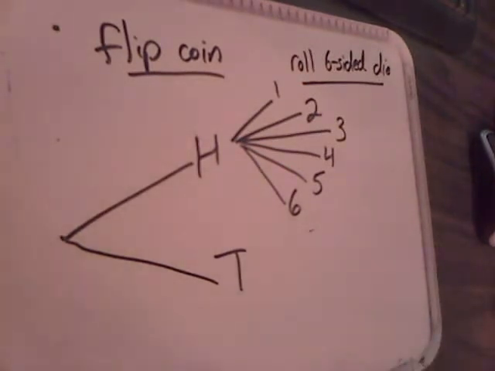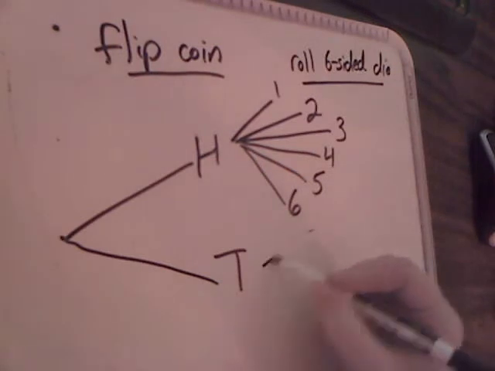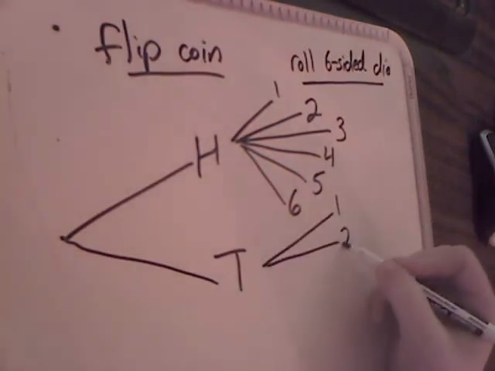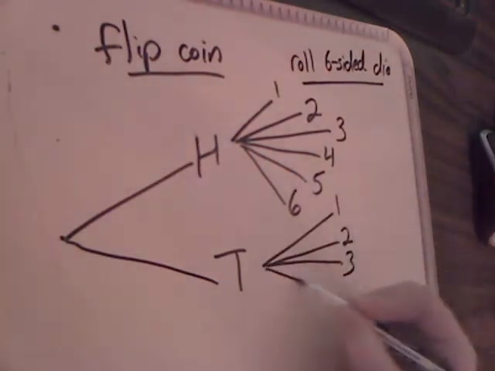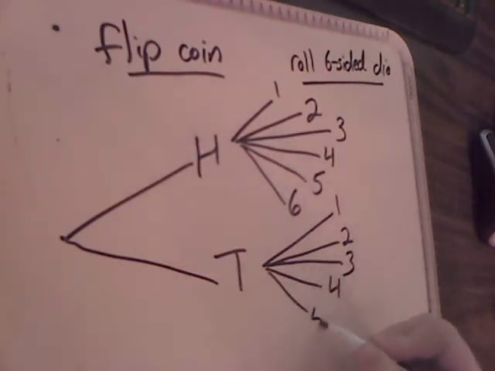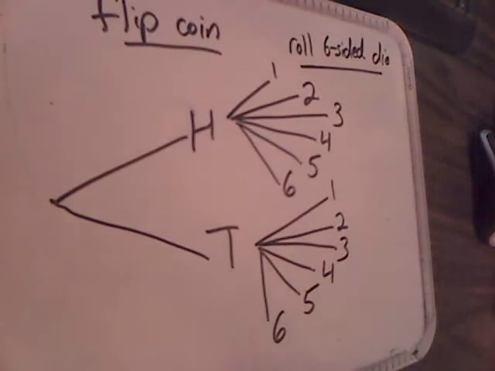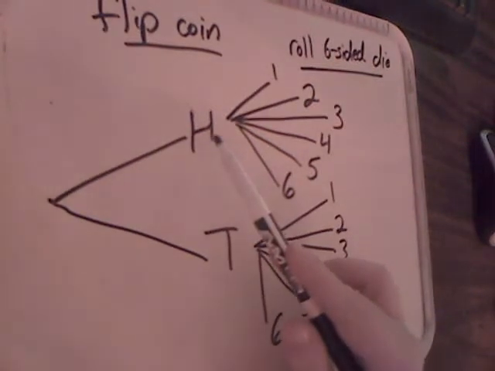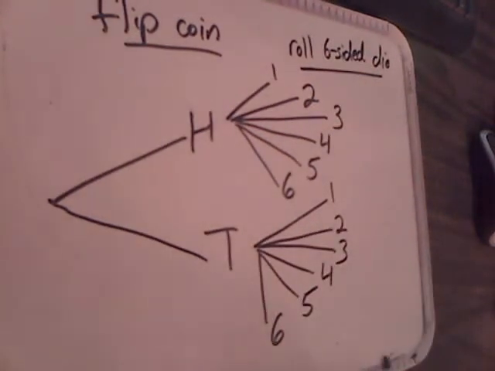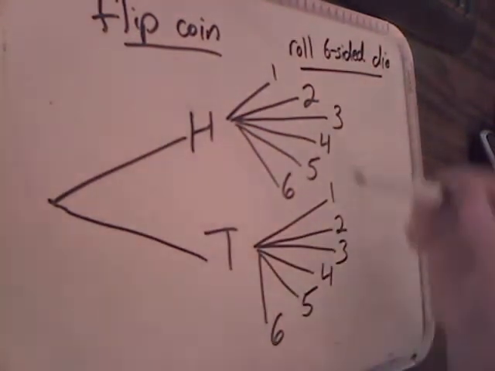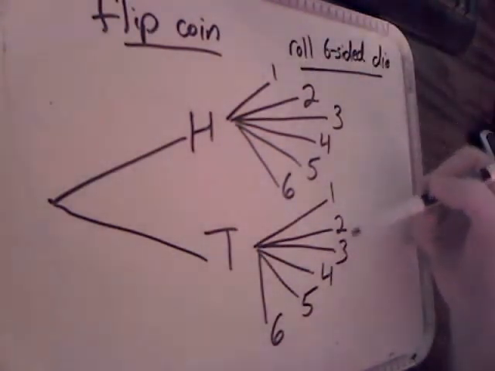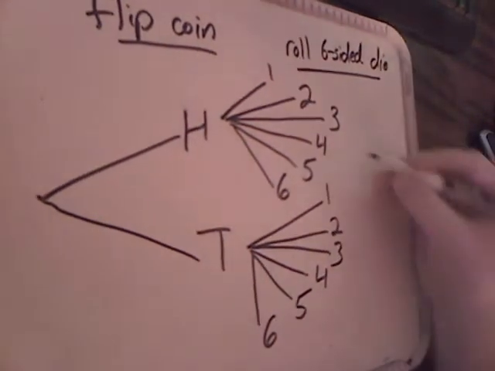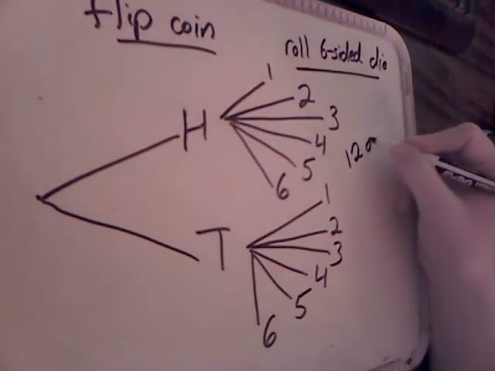If I roll tails, I could still get 1, 2, 3, 4, 5, or 6. Now I see that when I start from nothing, and then I flip a coin, and then I roll a six-sided die, I could get one of 12 different options or outcomes.